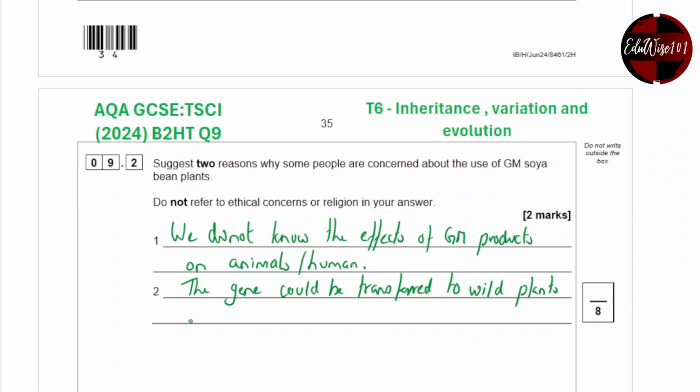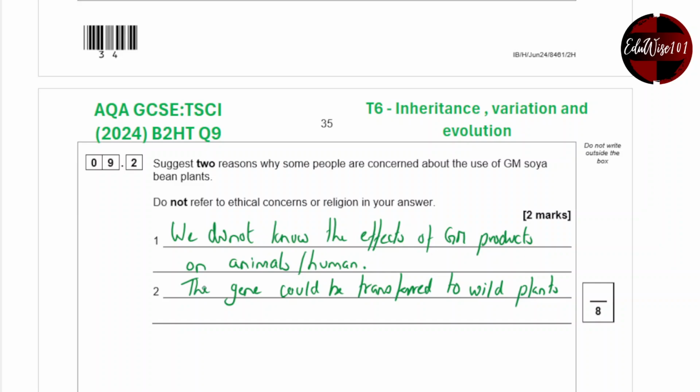There are other couple of reasons that I'm not going to write, but I will explain them. Using genetically modified plants could reduce biodiversity because we are trying to actually just grow one type of plant. There's an increased cost to the seeds because you have to buy them from the GM company. You can't regrow the seeds, right? And you could if you want to, but the companies actually prevent farmers from growing these seeds.